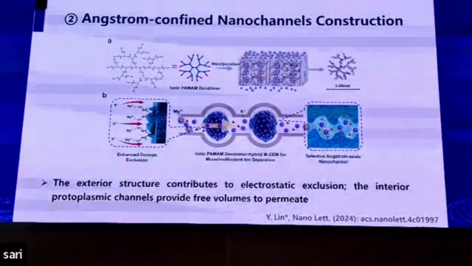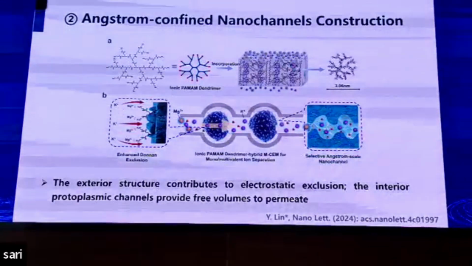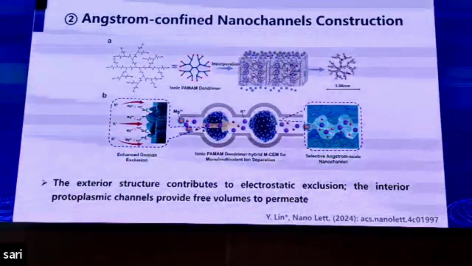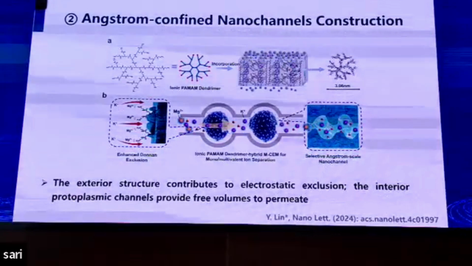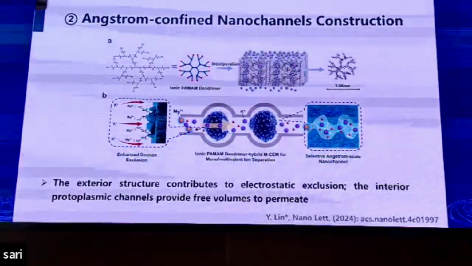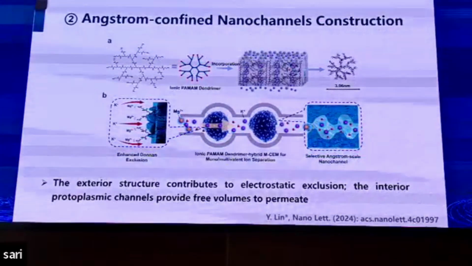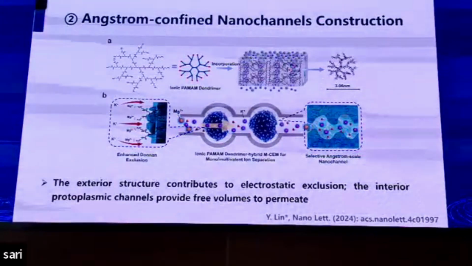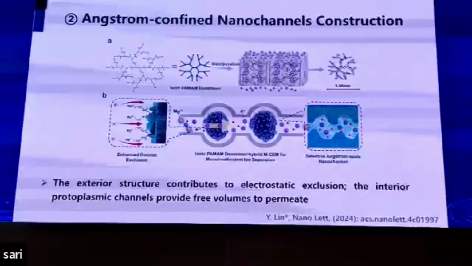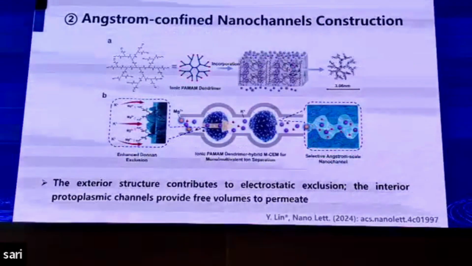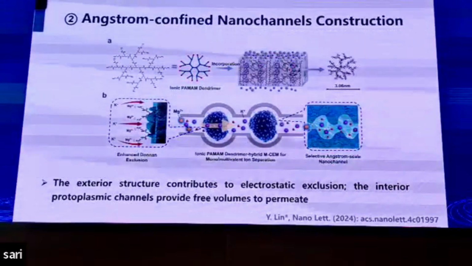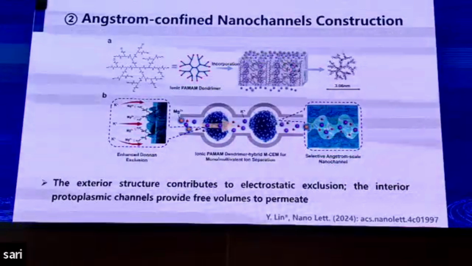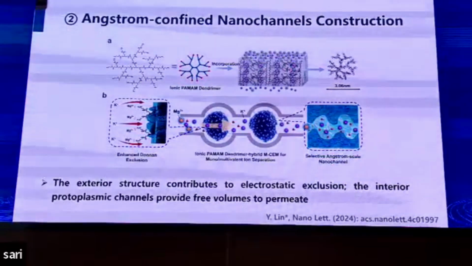So we thought, what if we embed some highly porous structures inside, so we can enhance the Donnan repulsions and meanwhile remain highly porous? I think that's good for monovalent ion permeation. So we synthesized this kind of dendrimer, highly branched with outer surface ammonium groups, highly positively charged.